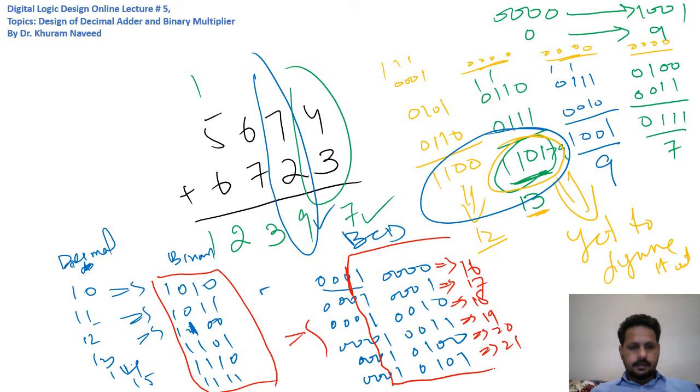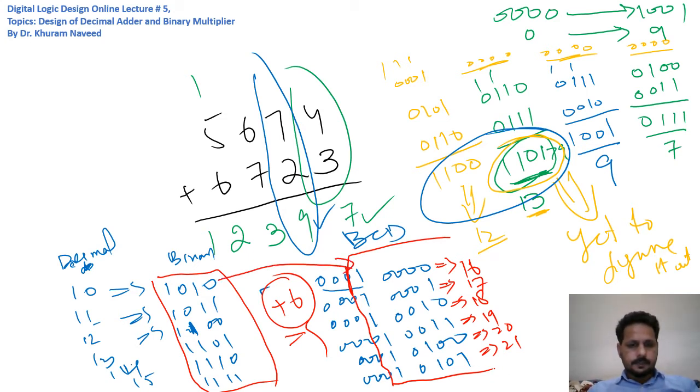And so if you look at it, by just adding 6, we can go from each of these binary codes to BCD codes, right?